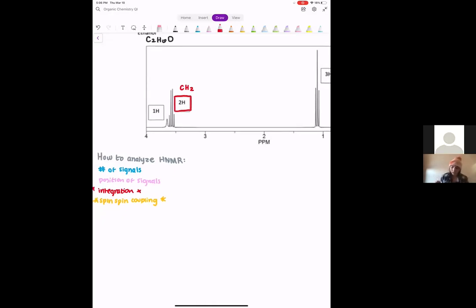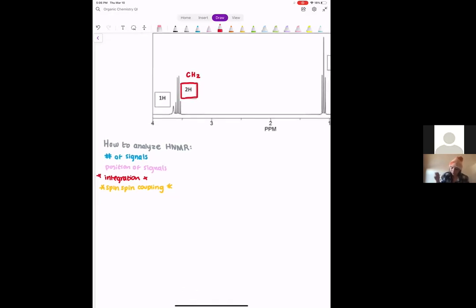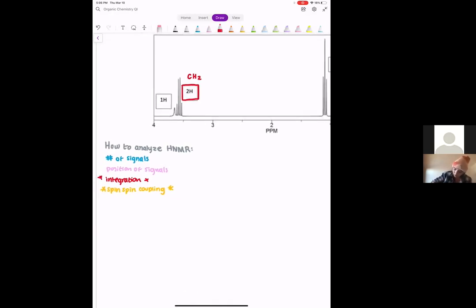The next thing I like to look at is the number of signals. If we take this signal, it's a little hard to see because it's a little jumbled, but there are about 1, 2, 3, 4 peaks in the signal. Based on the n-1 rule, the number of signals minus 1 gives us the number of neighbors for that signal, which I'll abbreviate with n.